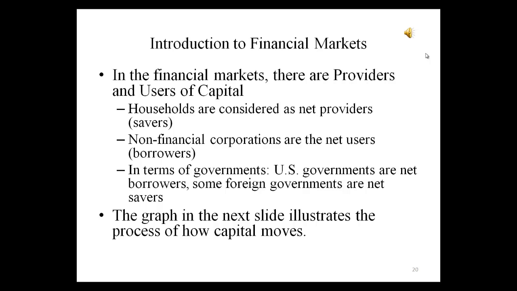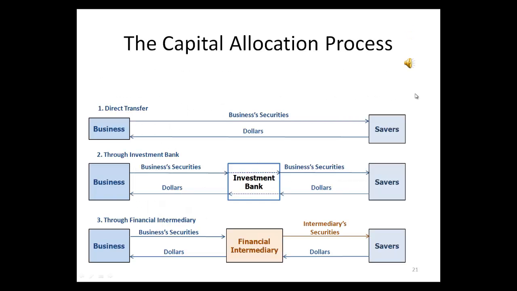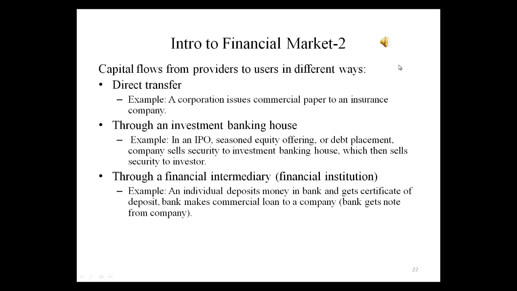The graph in the next slide illustrates the process of how capital moves. In this slide, we have an illustration of different kinds of capital allocation processes. We'll explain these different kinds of processes in the next slide. Capital flows from providers to users in different ways. We have direct transfer.